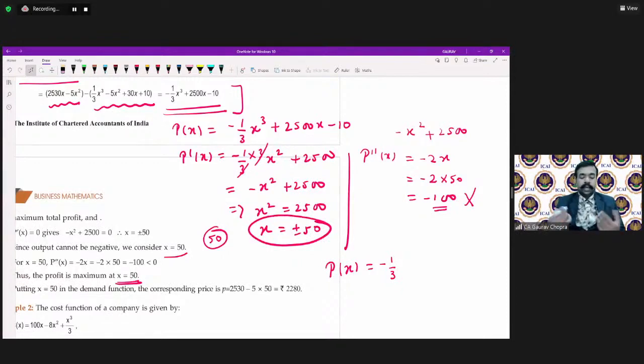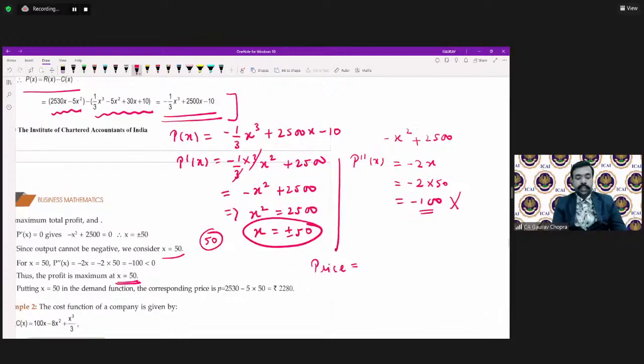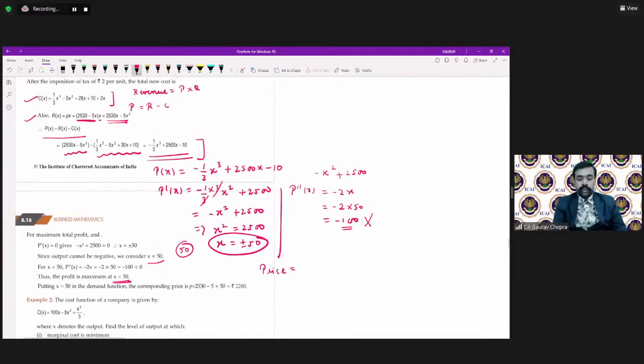We can apply the value and get the result. And if we have to find out the price, we can put it into the price function, and the price function was 2530 minus 5x. So we will get the price from here, that is 2280. So whatever is required, we can calculate this.